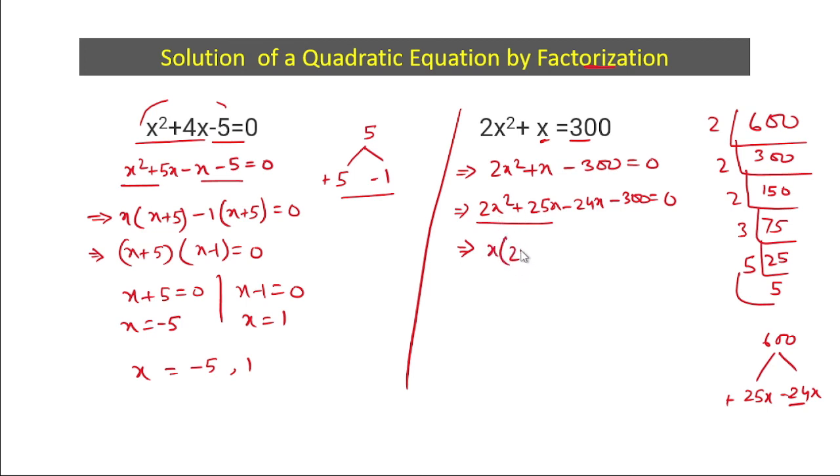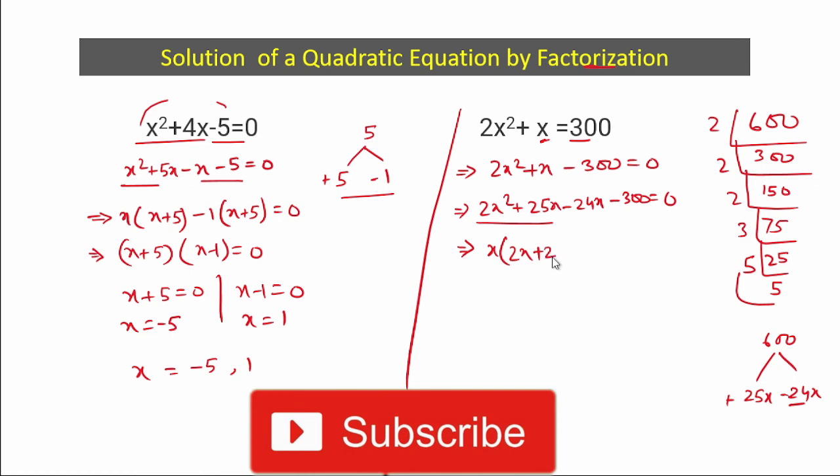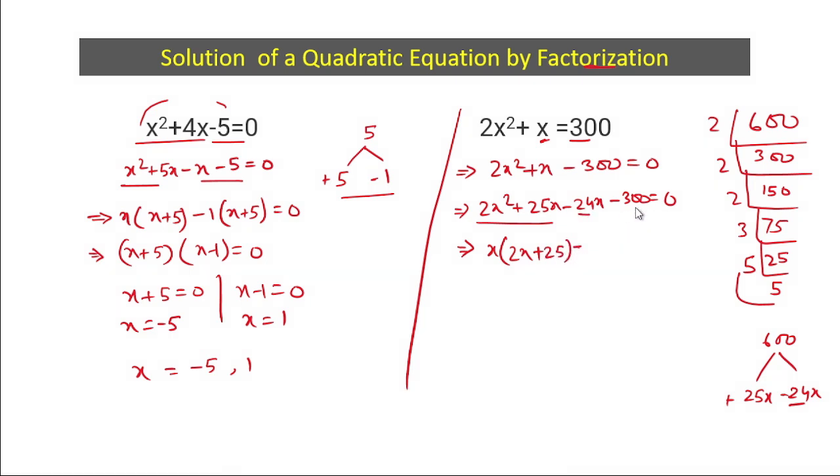Here 2x plus 25, and here 24 and 300, that is 12. We will take 12 such that we can get the value of 2x and 25 here. So we will take minus 12 here, and it is 2x here plus 12 2 is 24 and 12 5 is 60, 25 is equal to 0.